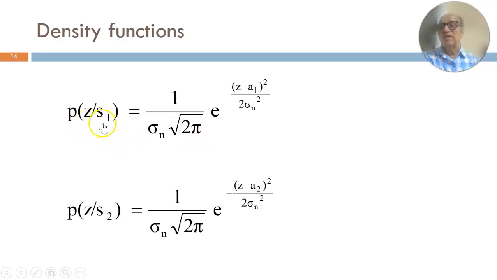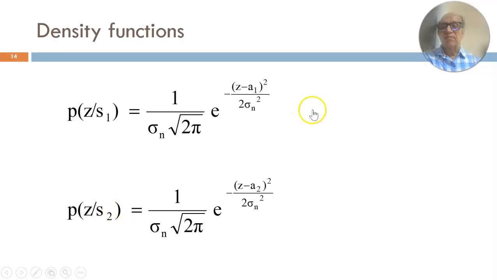Then density functions can be written like this. P(Z|S1): if S1 was transmitted, the detected value will be A1. Sigma N is of course the same. But if S2 was transmitted, the detected value will be A2, and you get these two density functions. So the only difference between these two is that here you get A1 because S1 was transmitted, and here you get A2 because S2 was transmitted.